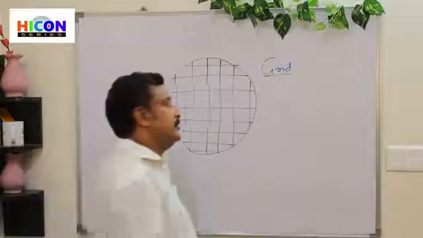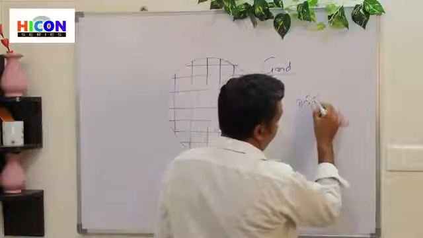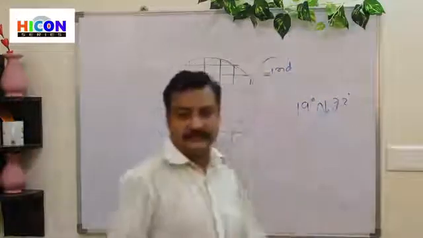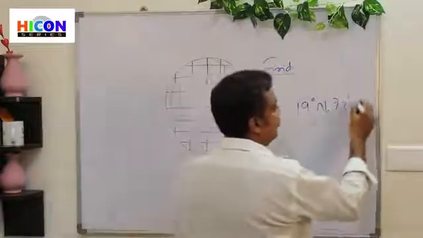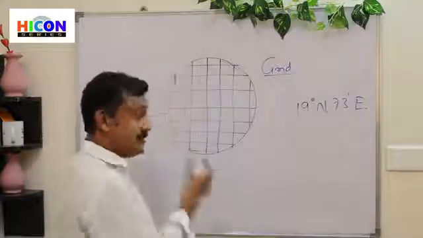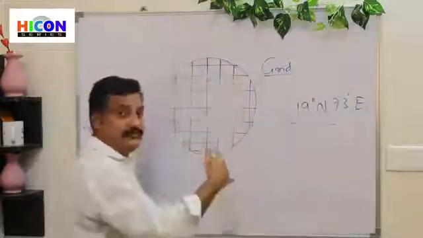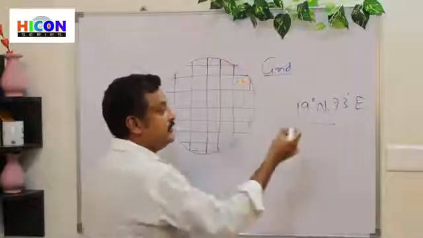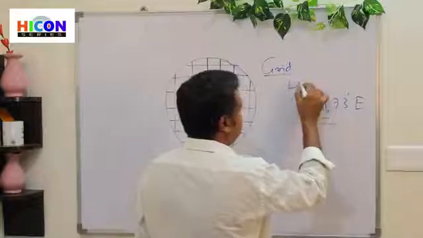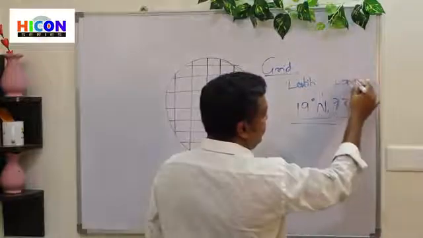For example, it says 19-degree north, 73-degree east. Yes. Okay, so what we need to do is check 19-degree north. North means parallels. This north and south always come on latitudes, and east and west come on longitudes.